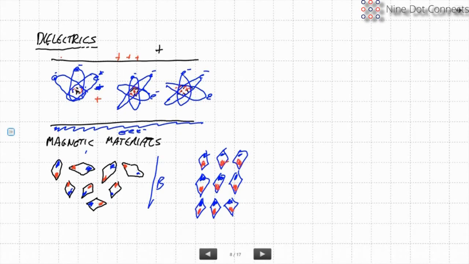So in essence, what do you have? You now have a magnetic material that can respond to the applied magnetism and actually accommodate it. It can actually compensate for it in such a way that it doesn't give rise to as much stored magnetic energy. It's an entirely equivalent process to what's going on in the dielectrics with capacitors.